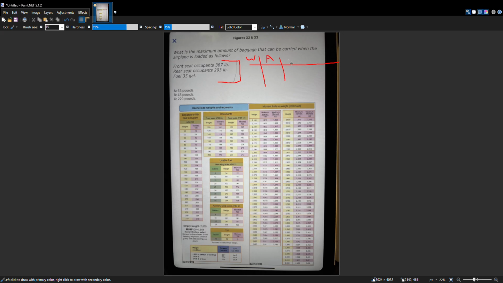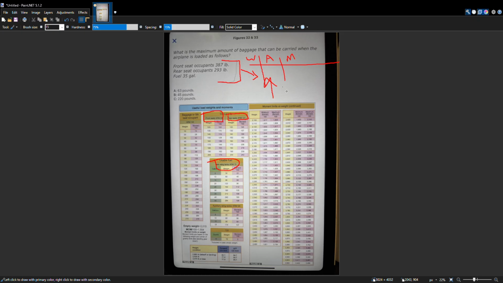So I'm just going to do it with letters. You're going to get all these weights, and you're going to put them in the weight area. Every single one up here has the moments. It's going to take a little longer, but I'd suggest putting the corresponding moment for every single one inside this A box.